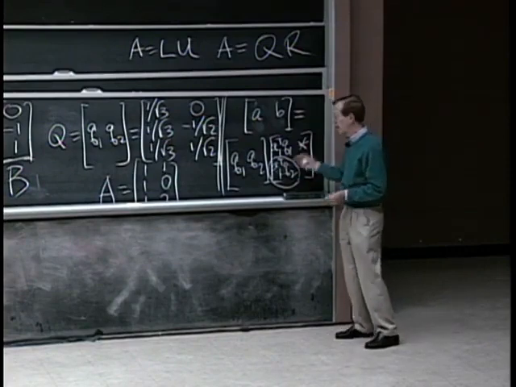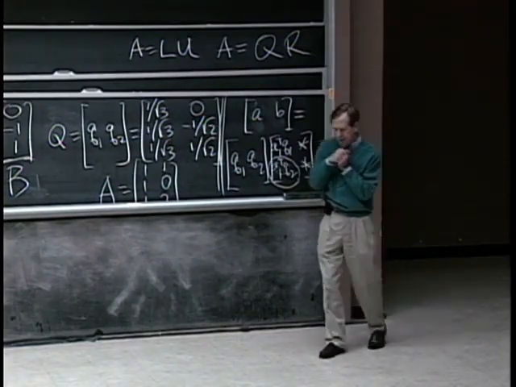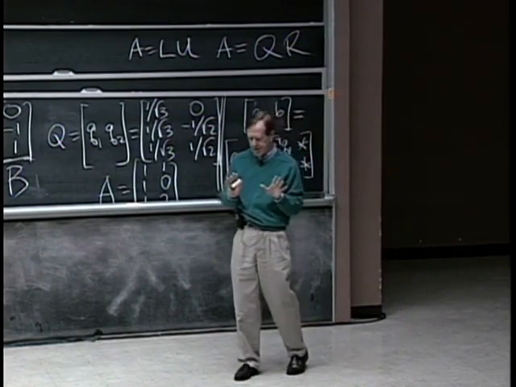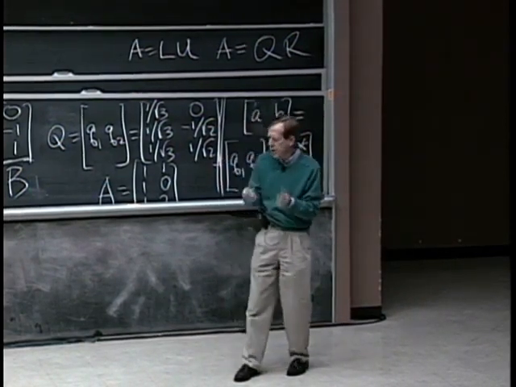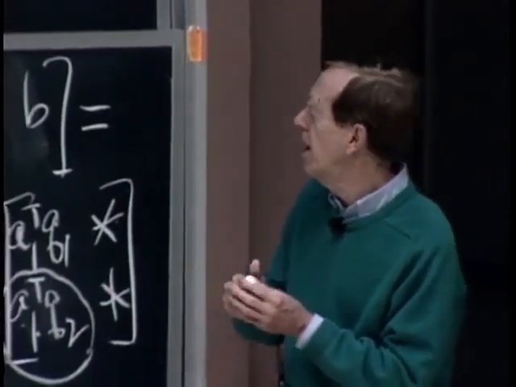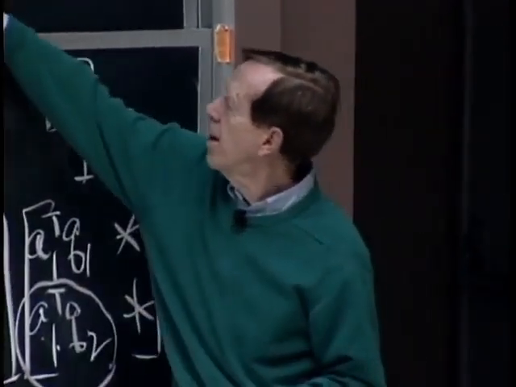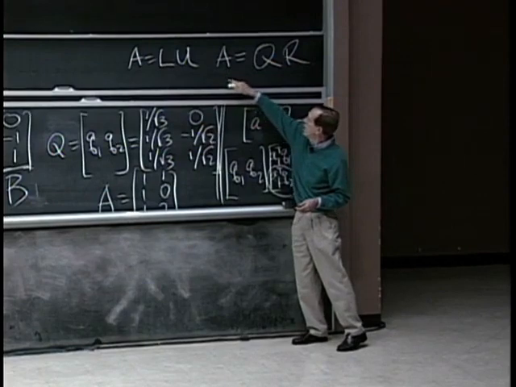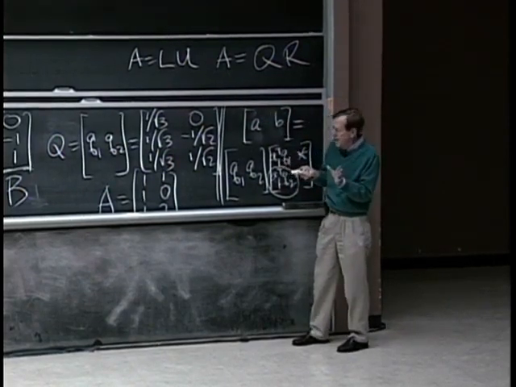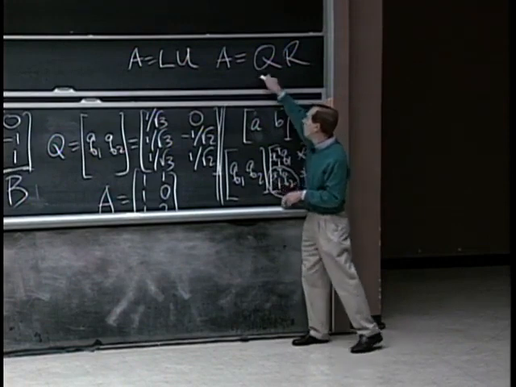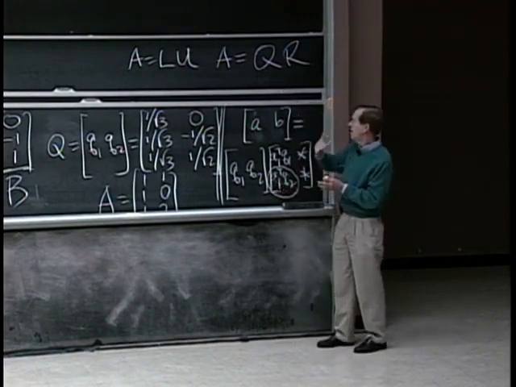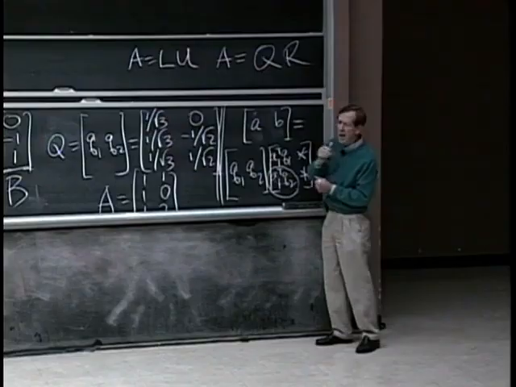So that's why we get a triangular matrix. The result is extremely satisfactory. If I have a matrix with independent columns, Gram-Schmidt produces a matrix with orthonormal columns, and the connection between those is a triangular matrix.